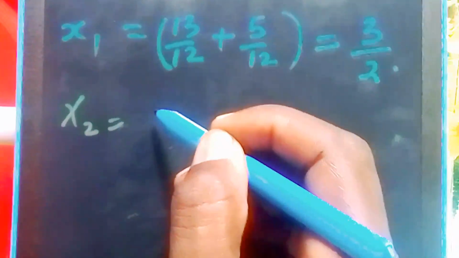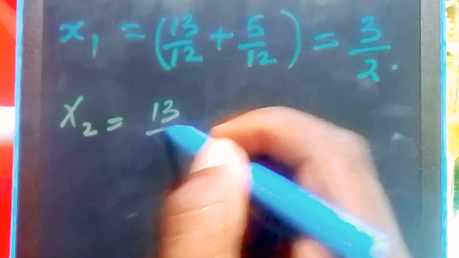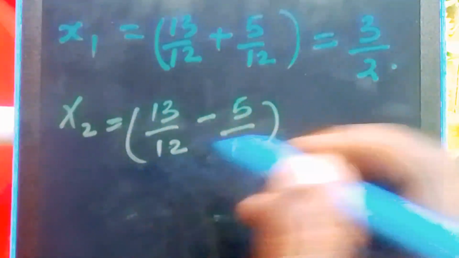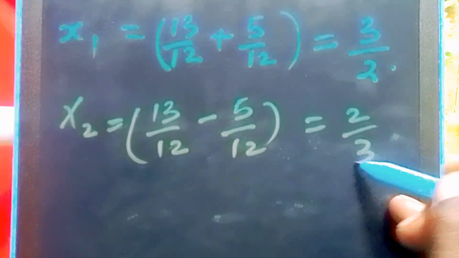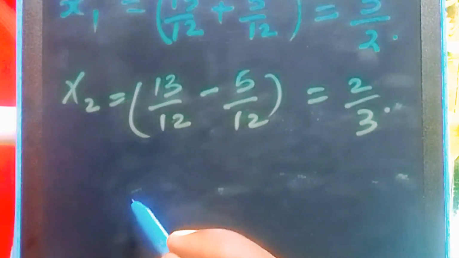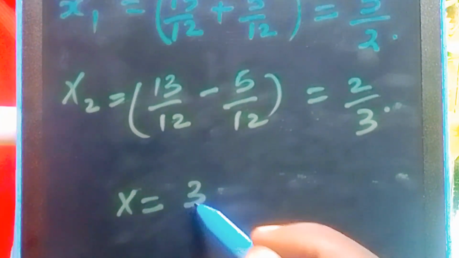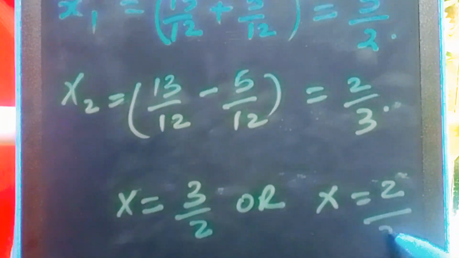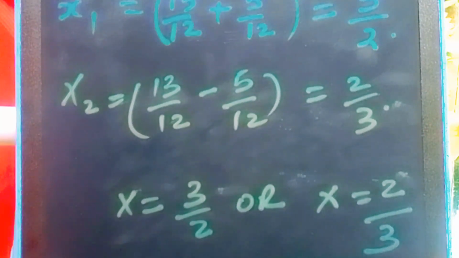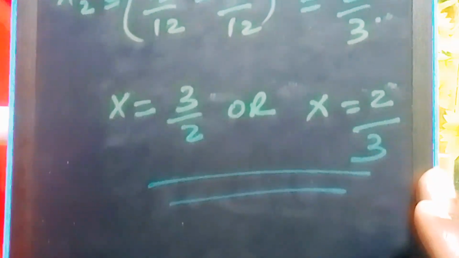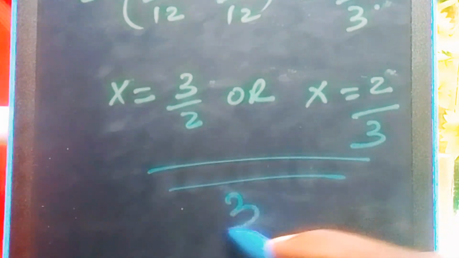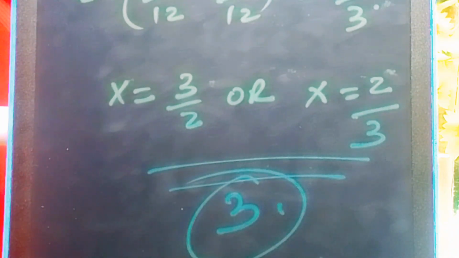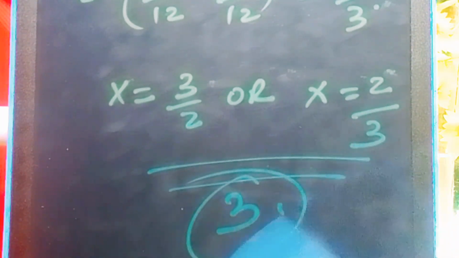If I took the second, which is a negative, I'll have 13 over 12 minus 5 over 12, and this will give me 2 over 3. So mathematically, either x is 3 over 2, or the same x is 2 over 3. If you can remember that for your examination, rest assured, 3 marks are down for you. Thank you.